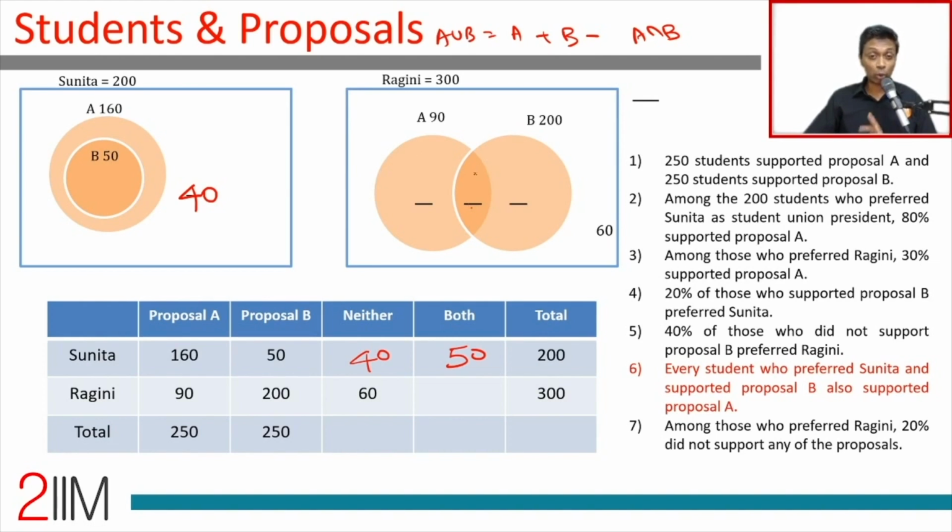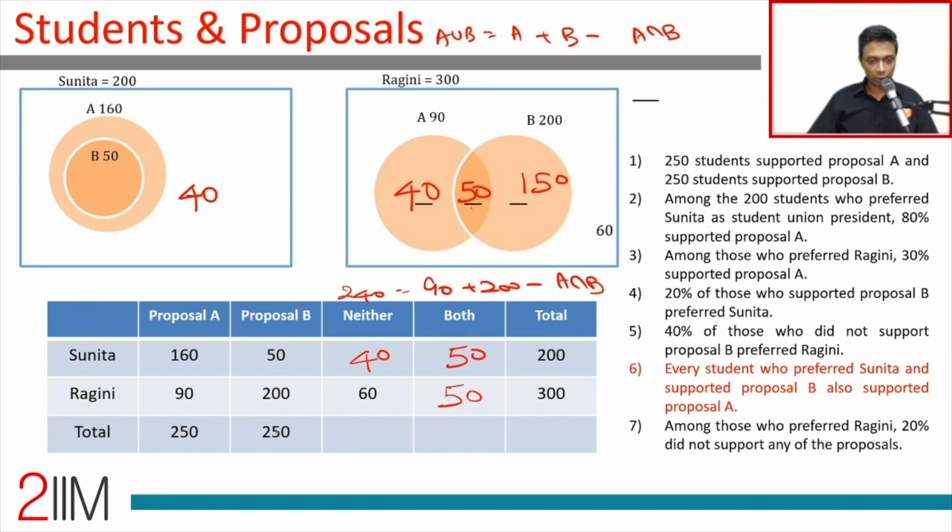A union B is 240. Fine. So 240 equals 90 plus 200 minus A intersection B. 290 minus 50, so this should be 50. This will be 40. This will be 150. Both together should be 50.